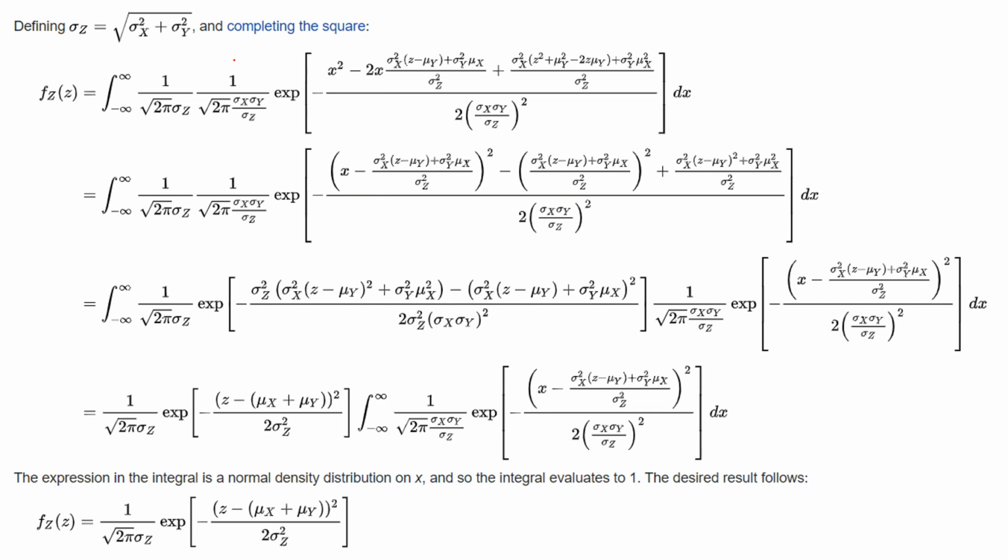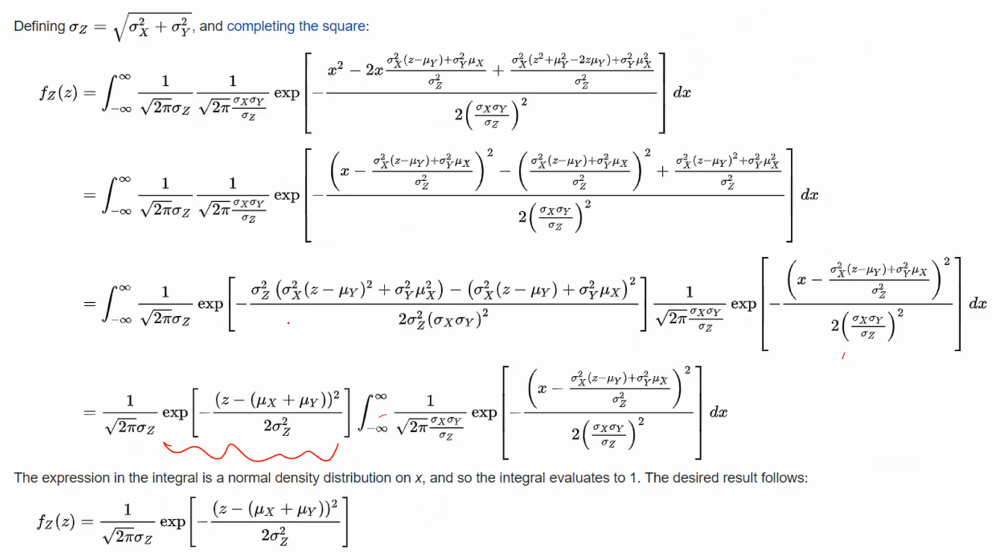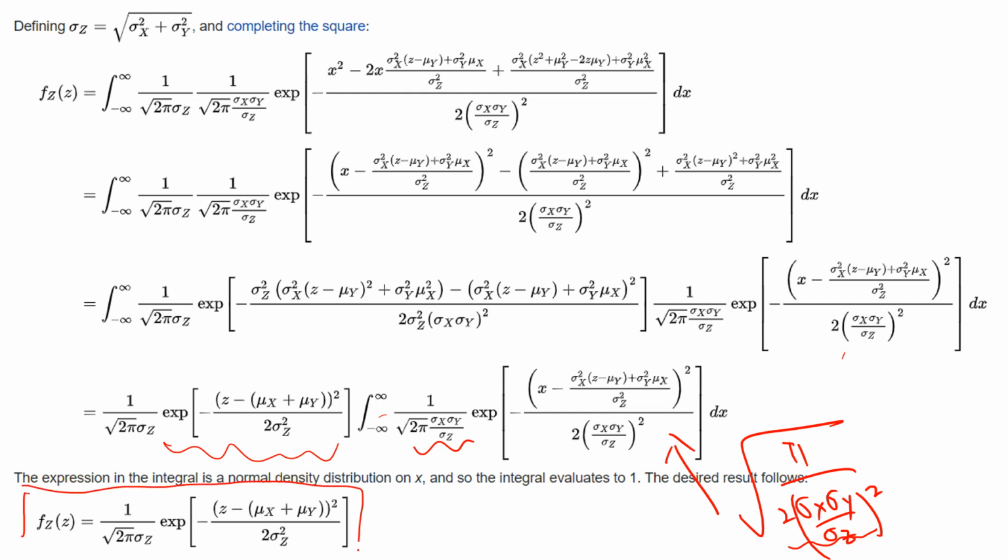The rest is that you define sigma_z as the square root of sigma_x squared plus sigma_y squared, write it like this, and complete the square. Once you complete the square, you will get some constant term, which is this, and you can check that the constant term is actually exponential of minus (z minus something) squared. So this term looks exactly like a Gaussian. Then for this term, you use our result, so this will be pi over the square root of 2 sigma_x squared sigma_y squared over sigma_z squared, and you will see this term and this term actually cancel.